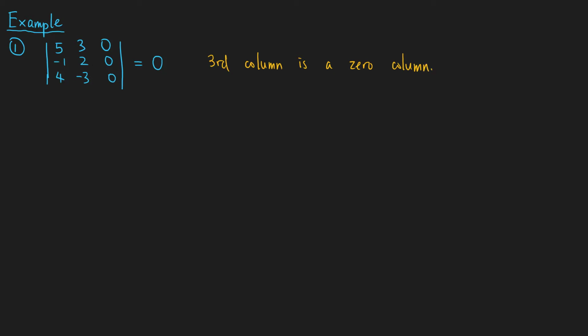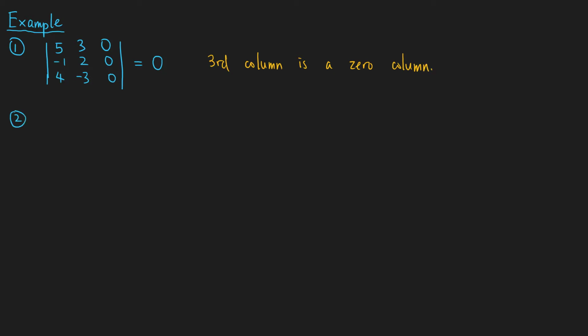Let's look at some examples of these properties. Firstly, the determinant of the matrix 5, 3, 0, -1, 2, 0, 4, -3, 0 is 0, because column 3 is a 0 column.